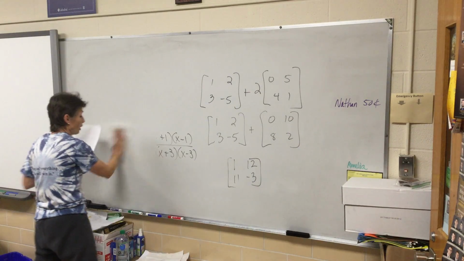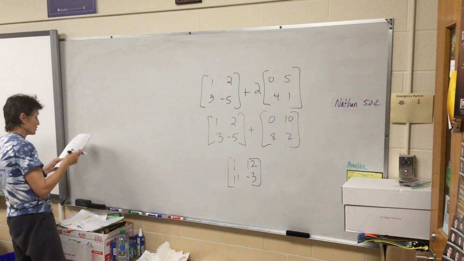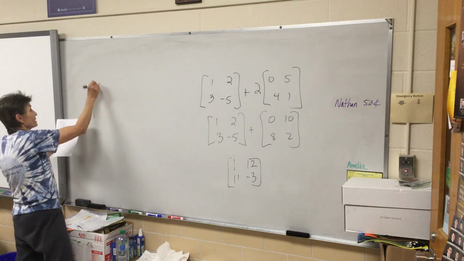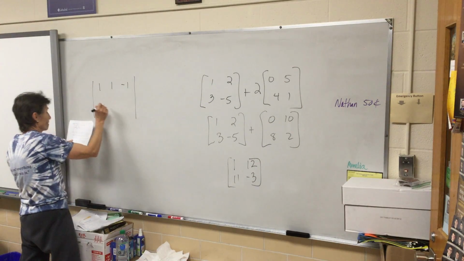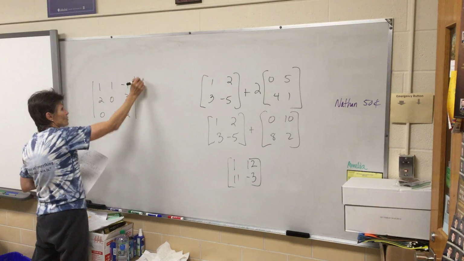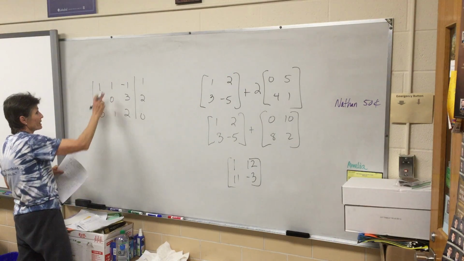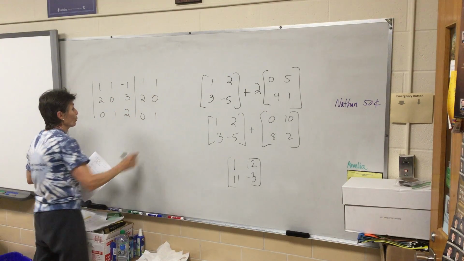The next one wants to know the determinant of C. So remember with a 3 by 3, you're going to recopy the first two columns in order.